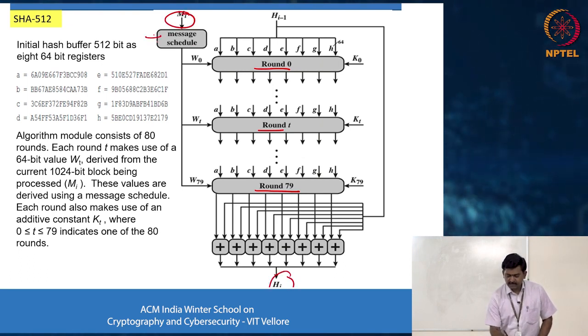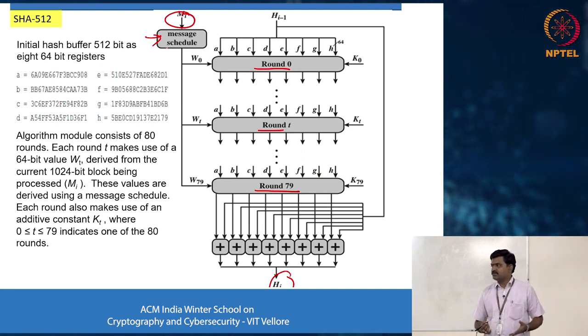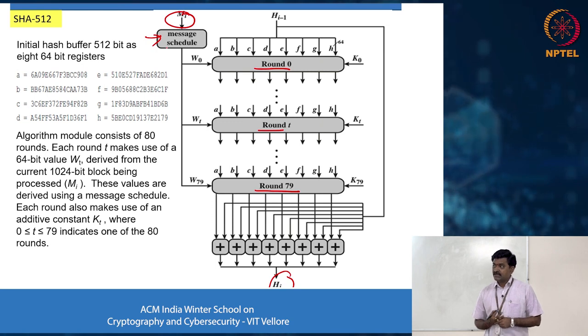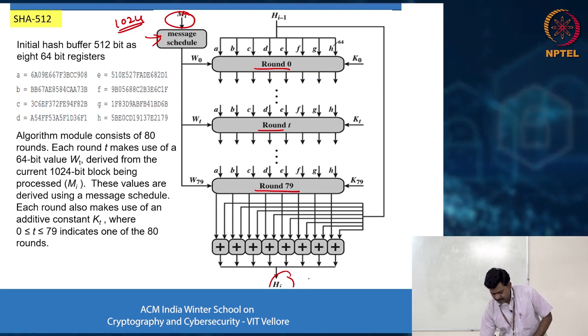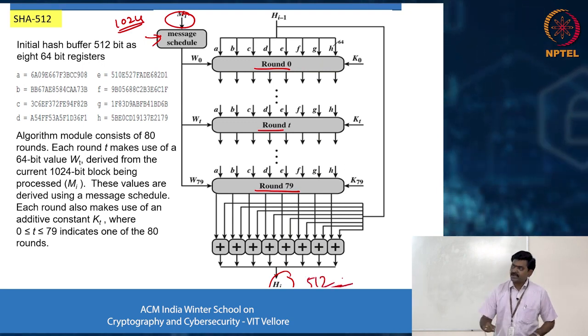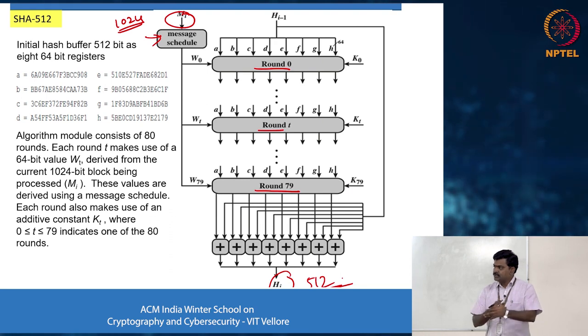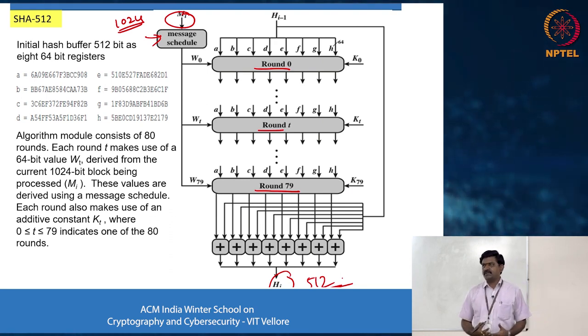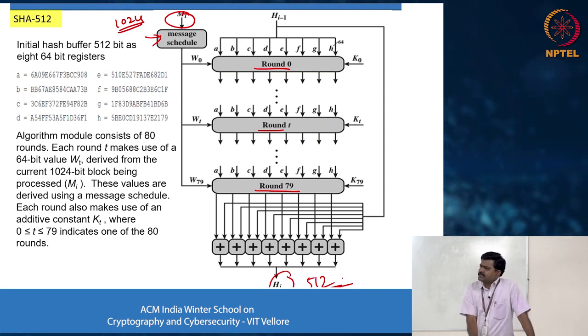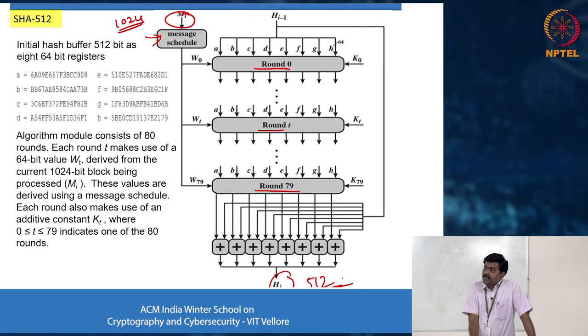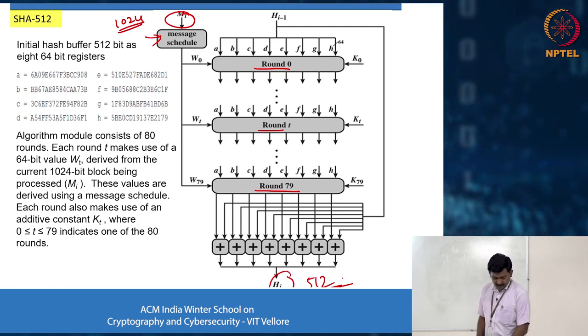The message is of size 1024 bits, you are operating for 80 rounds, and the output is 512 bits. So how does your 1024-bit message go through 80 rounds of operations? That is all about the message scheduling algorithm. Remember, we saw a scheduling algorithm in the case of DES and AES. What is that? Key scheduling algorithm. Here we are talking about the message scheduling algorithm, right? So please go back and check.